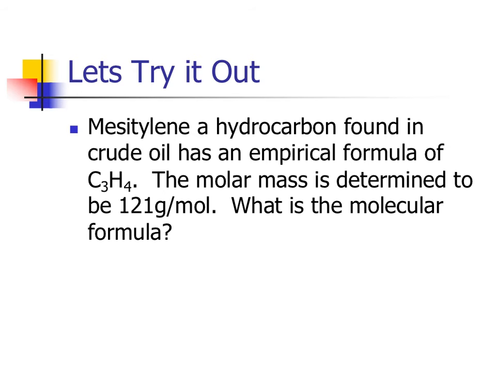This one we have a molar mass, meaning the full molar mass. They must have put it through like an NMR to determine the molar mass. They have an empirical formula of C3H4. Now we have to find some other things from it.